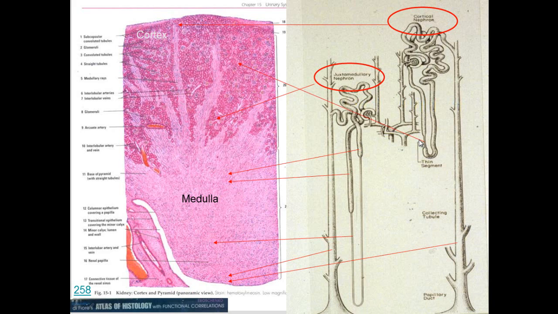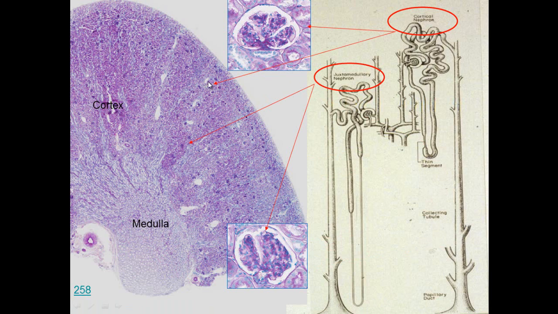But here you can see where the thin portion of the loop of Henle is located, the cortex for the cortical nephrons. And here we can see in this one slide the dark glomeruli, the glomerulus here. These are the cortical nephrons and the juxtamedullary nephrons, of which we really can't tell much difference.